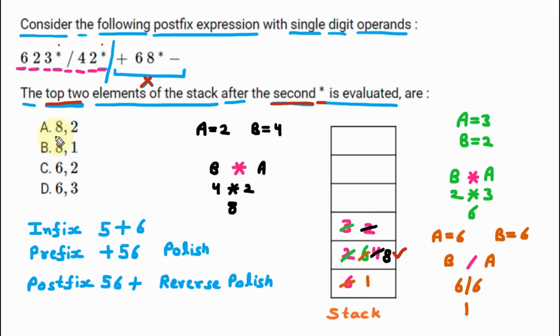So here 8 is there in A and B. That means C and D for sure are not our answers. Then afterward we are having 1. So here 1 is encountered in B. So here B is the answer and the others are not the answers. So in the stack we are having 8 and 1. So these are the top two values or elements in the stack after the second star is evaluated.